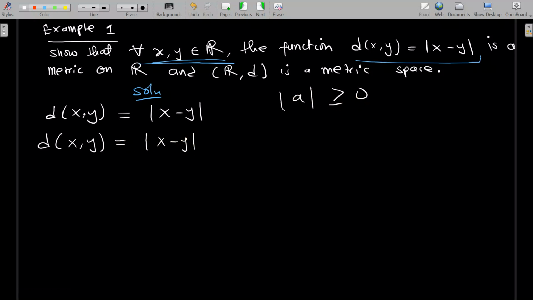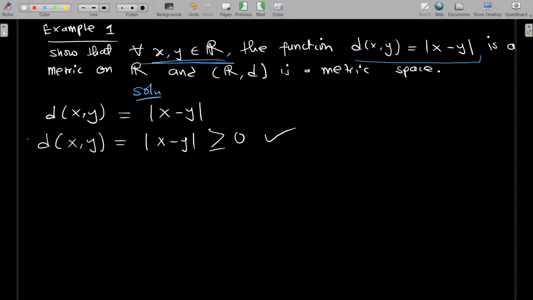This is what we know for absolute values. I don't know if you remember your absolute values. So it means that the absolute value of anything is always greater than or equal to 0. So this is indeed greater than or equal to 0, which satisfies the first point, the non-negativity.